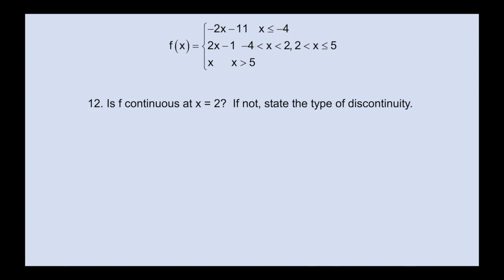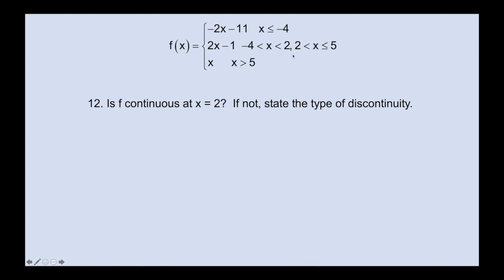For number 12, we're looking at 2. Now, both of these are going to go with this same piece. However, there is some type of an interruption at 2. So the first thing we're looking at is, could we evaluate it at 2? Well, we couldn't. f of 2 does not exist, because neither of these has an equal sign.